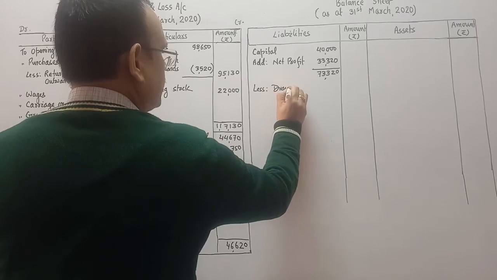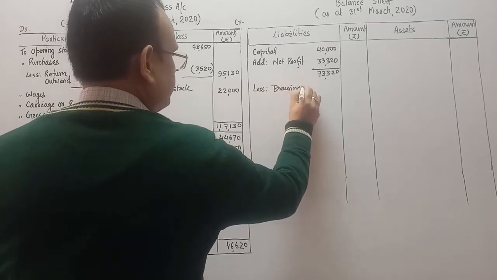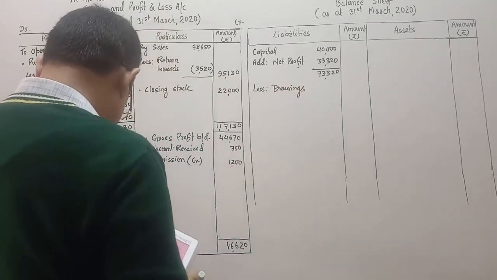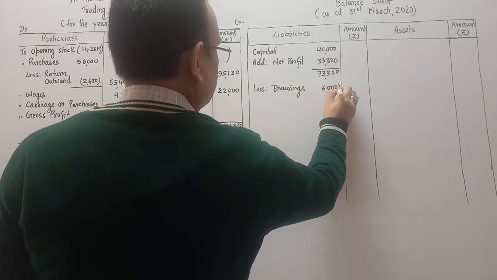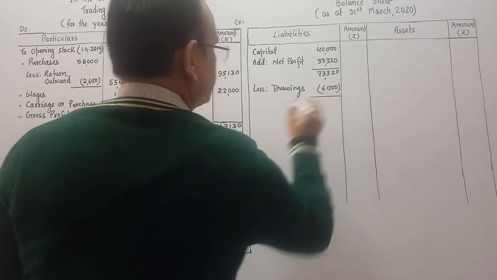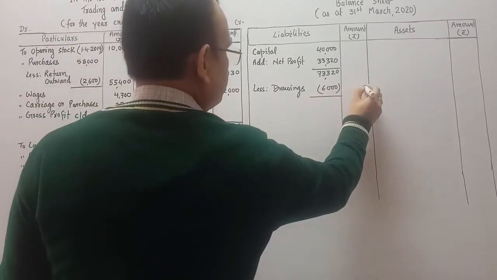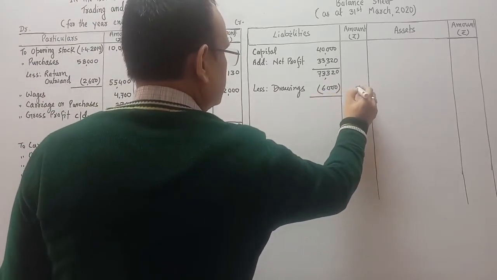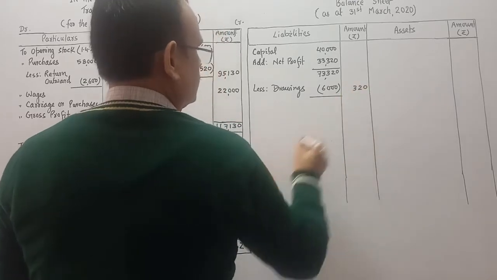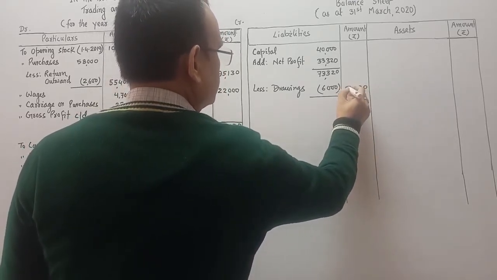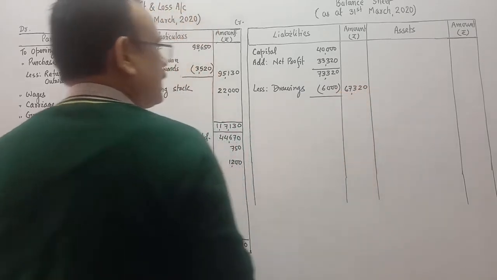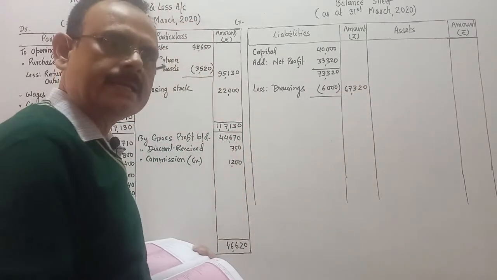Drawings have a debit balance, and the drawing given in the question is 6,000. After that you write this amount. This indicates the closing capital. 67,320 is the closing capital.